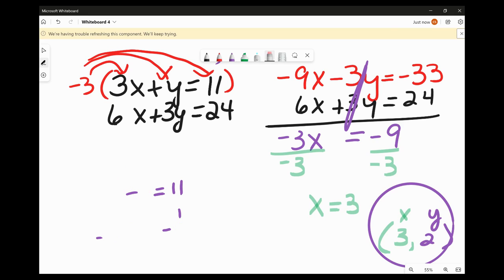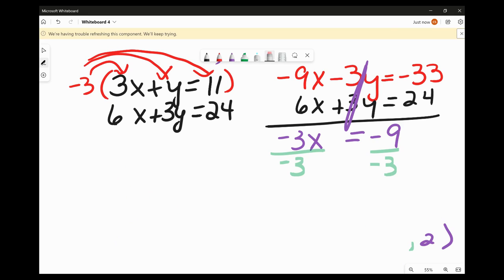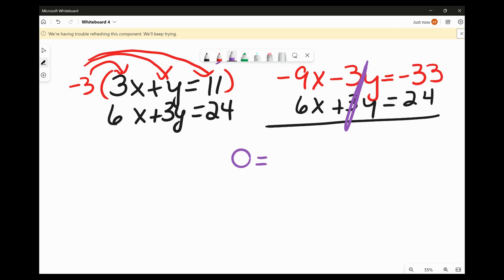Sometimes when you're solving a system of equations, you might end up where you cancel out both the x and the y, and you're just left with numbers. So let's say you're left with something that looks like this, or this, or this.